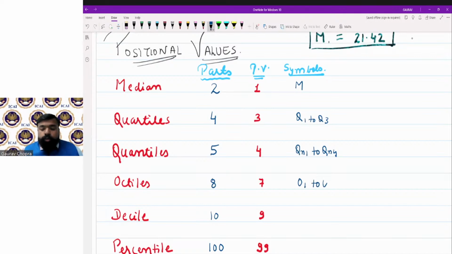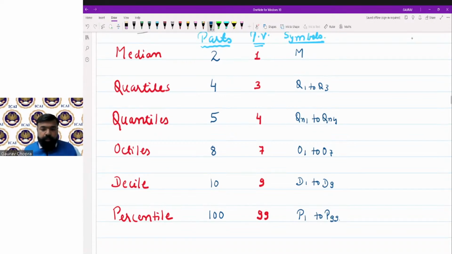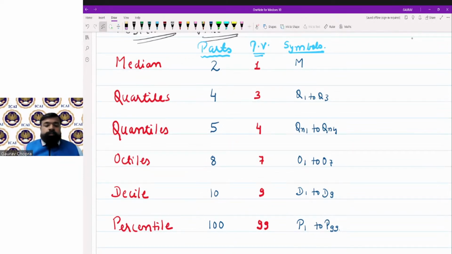Octile, O1 to O7; seven octiles are there. Decile, D1 to D9, and percentile, P1 to P99. So this many percentiles are there. Now, what is the next thing? Next is the rank.